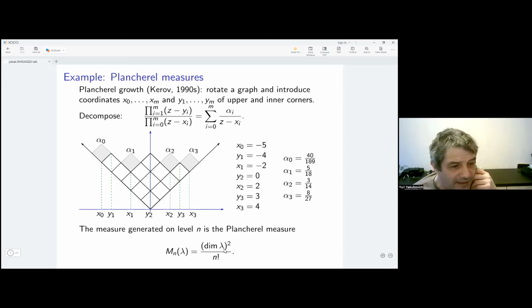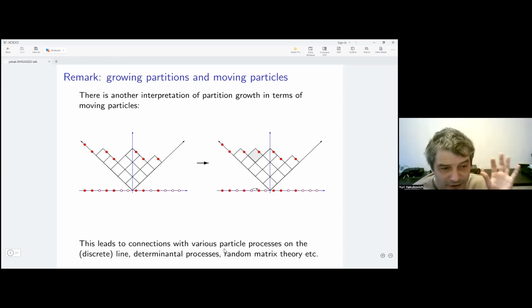I also want to mention that the so-called Russian orientation of a Young diagram, rotated by 45 degrees, allows us to establish a connection between growing partitions and systems of particles which move to the right if the partition grows. It is illustrated by this figure.